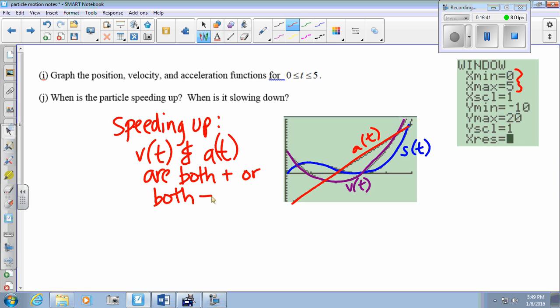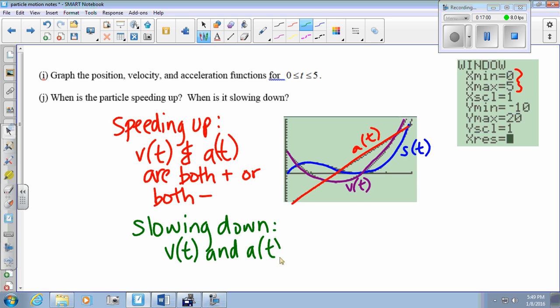Both above the axis or both below the axis. Your particle will be slowing down when velocity and acceleration are different signs, so one is above the axis and one is below.